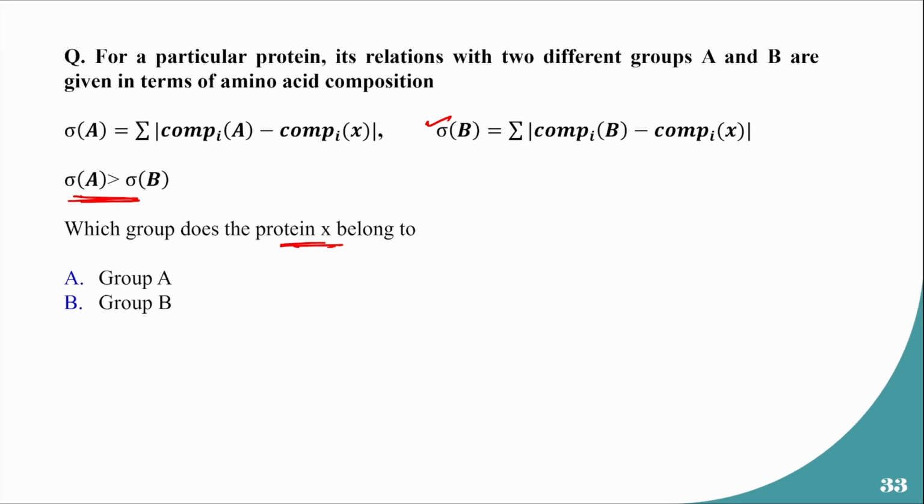So in this case, of course, the lower the difference or the deviation from a certain group, you can expect the new protein to be a part of that group only, right?